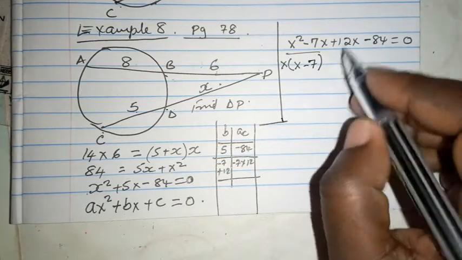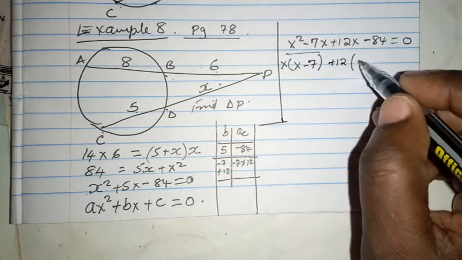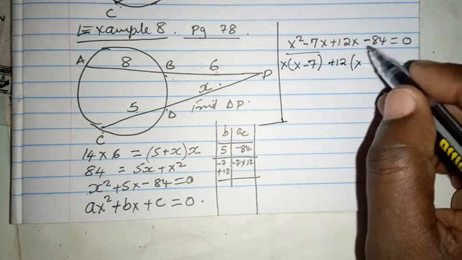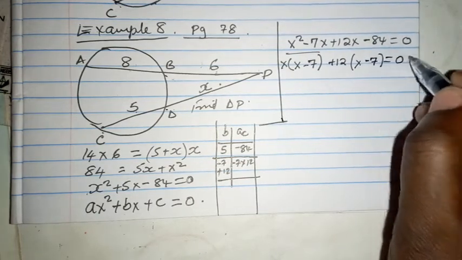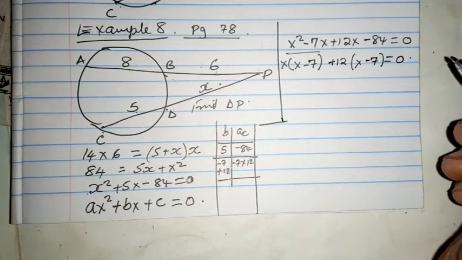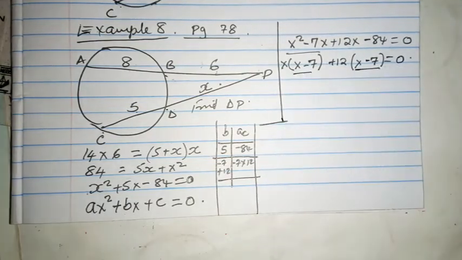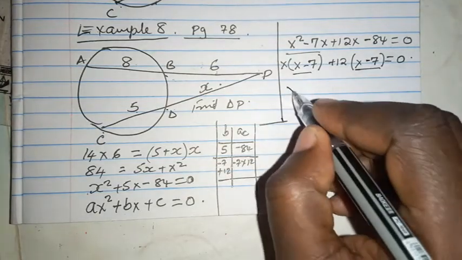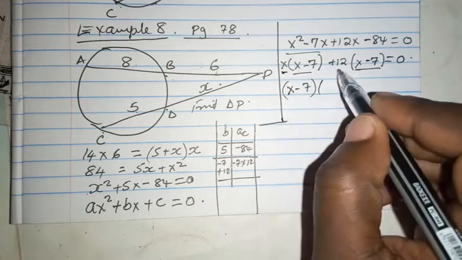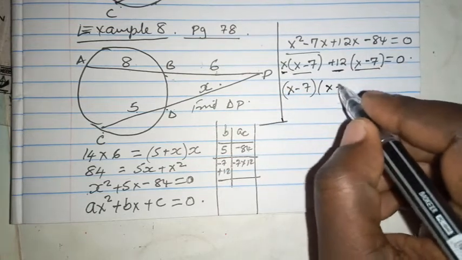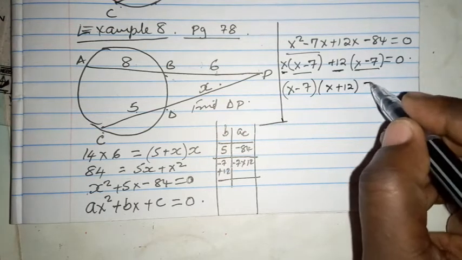In the second two terms, 12 is common: 12x divided by 12 is x, minus 84 divided by 12 is minus 7, equal to 0. The bracket is repeated twice, so we write it once: x minus 7 multiplied by the other terms in their own bracket, x plus 12, is equal to 0.